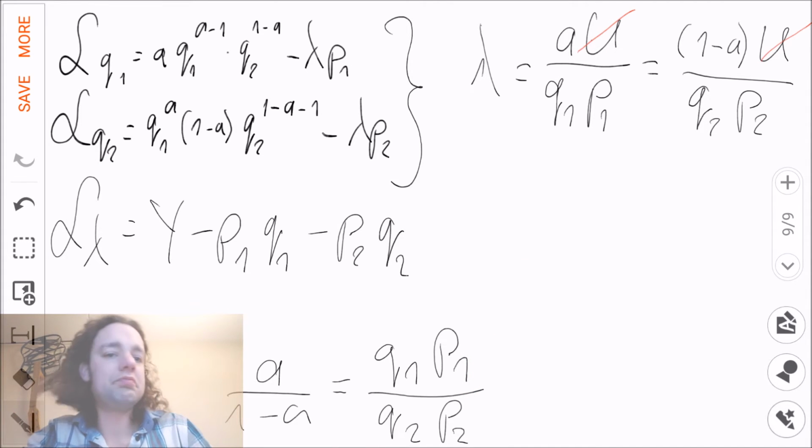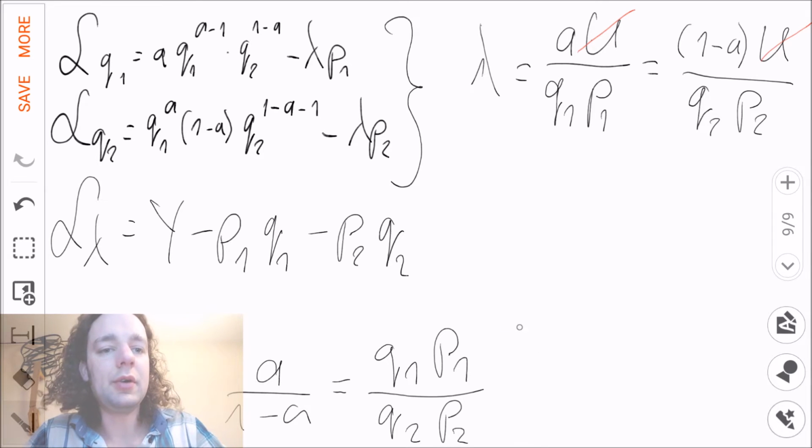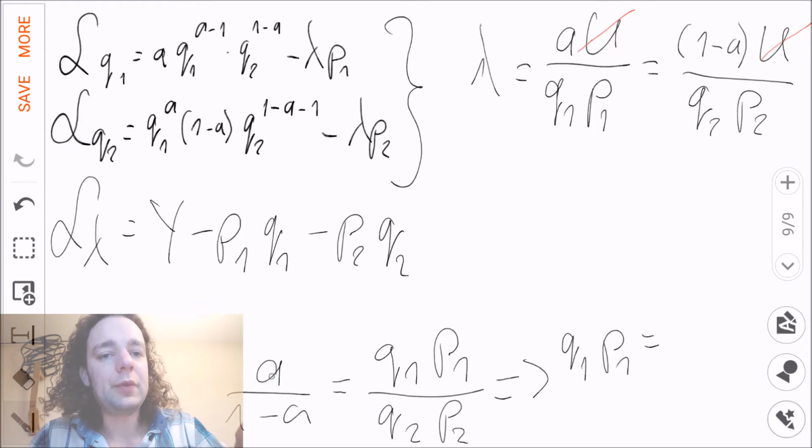My hopes are on Q1 P1, so I'll say let's rewrite this, and then we'll get Q1 P1 equals this A over 1 minus A, and then we have to have this on the other side, so we multiply by Q2 P2.